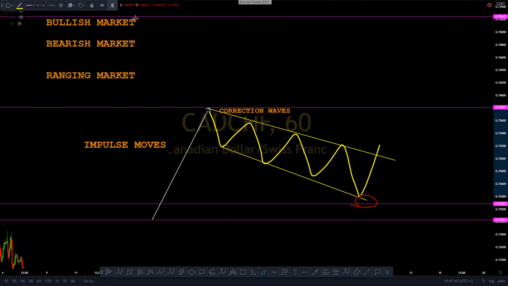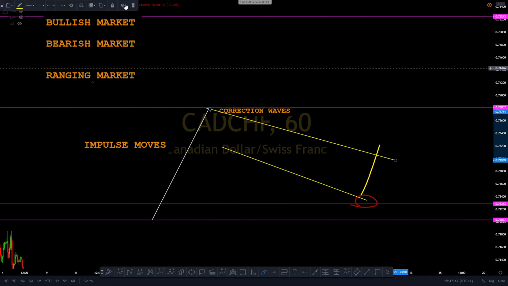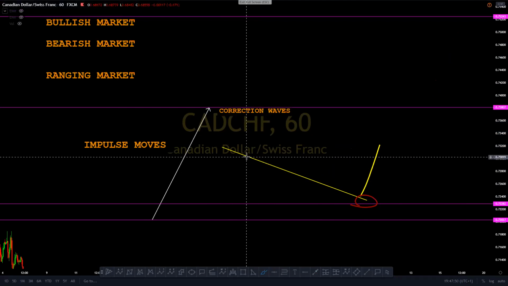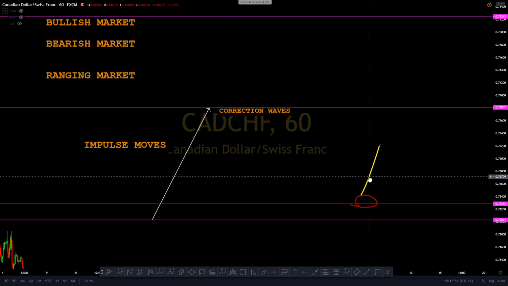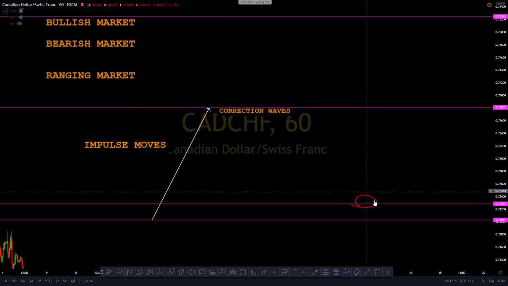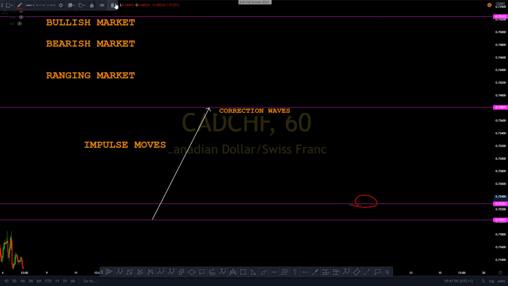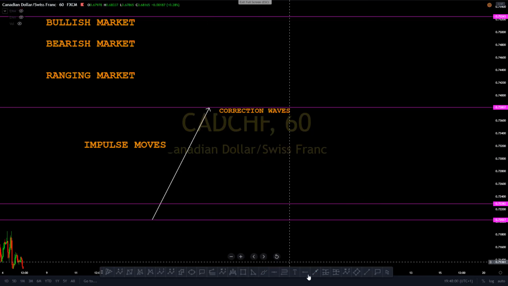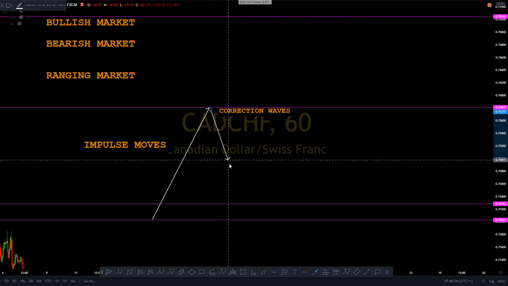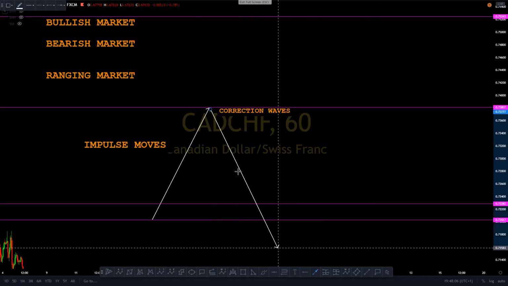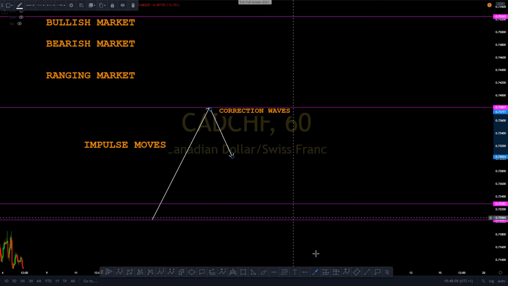Sometimes, like I told you, you have different kinds of correction patterns. This one I just showed you is called a flag pattern or triangle. Sometimes the market can come in a simple correction move like this. Like this. It's very simple.